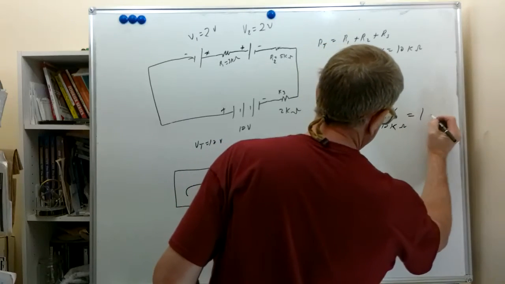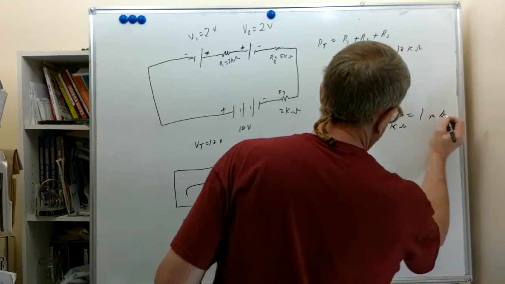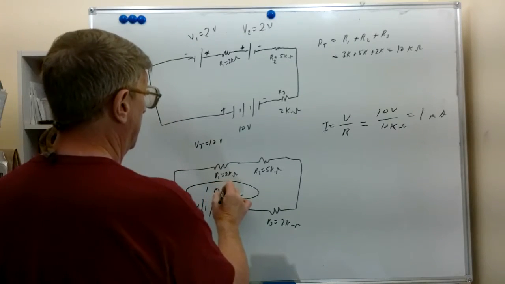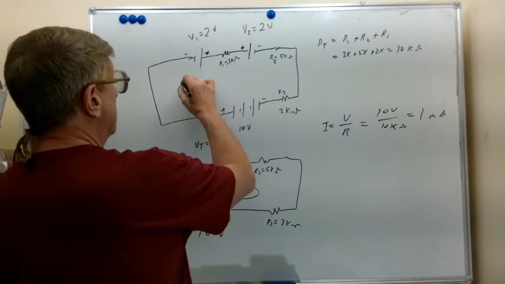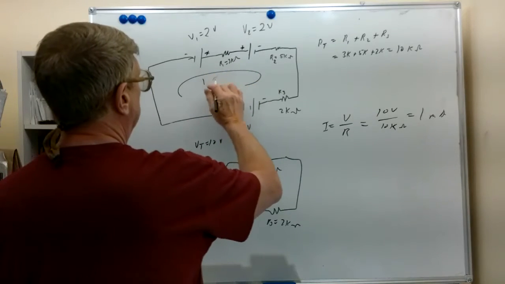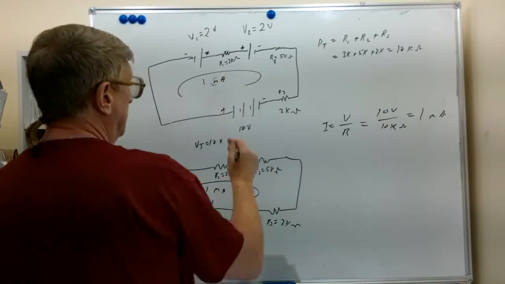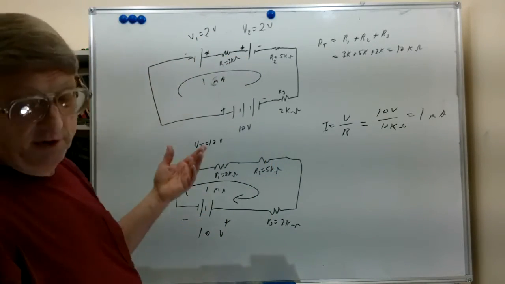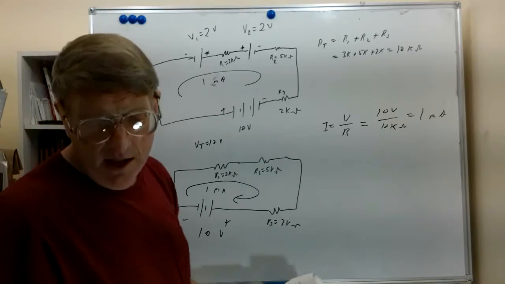So that basically is 1 milliamp. So now we know that there's 1 milliamp in this circuit, and it's the same here. When we saw that these canceled, we just took them out of the circuit and made the calculation a little bit easier.